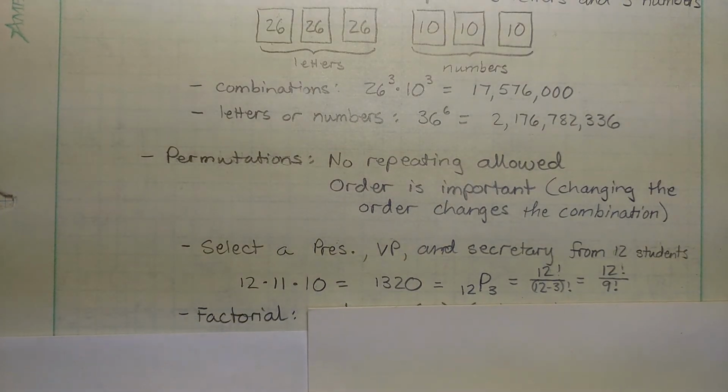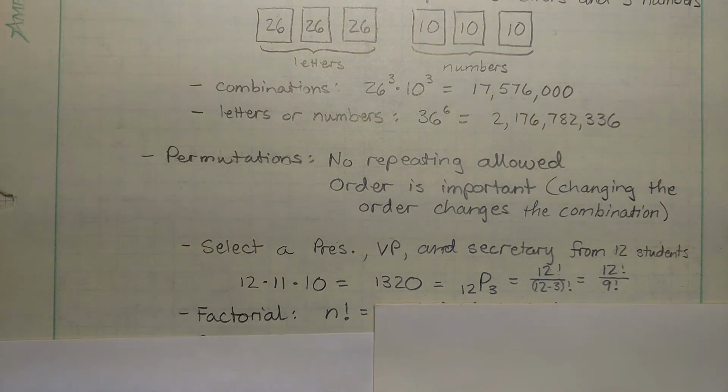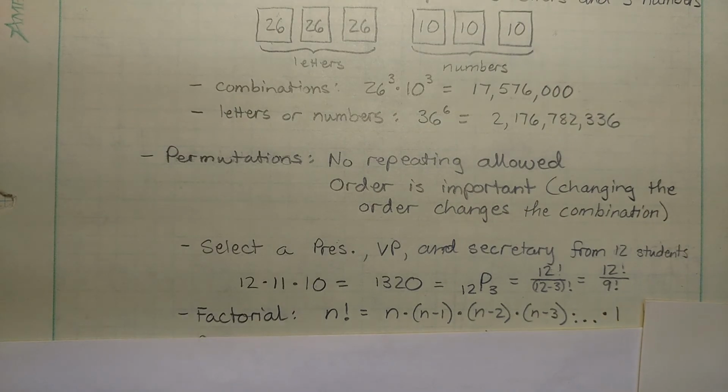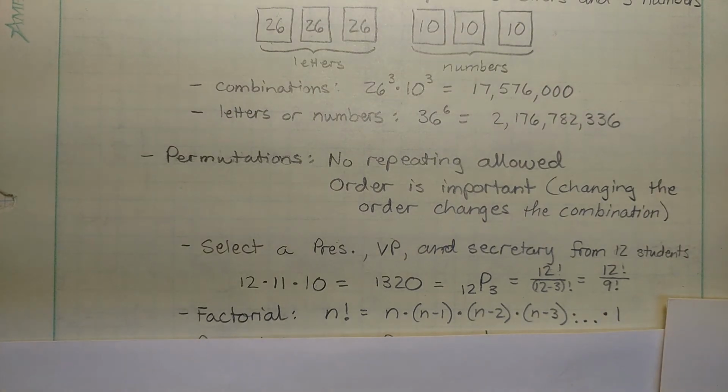Now, at this point, you're probably asking, well, what on earth is factorial? You may remember from looking at it before, but factorial is this. If we have a number n, n factorial, signified by the exclamation point, means we take n times n minus 1 times n minus 2 times n minus 3 and so forth all the way until we get down to 1.